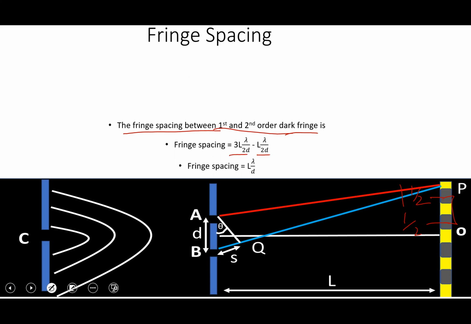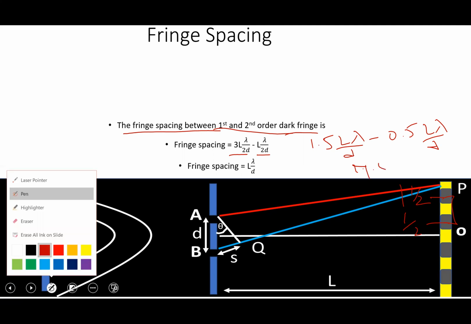That means 1.5 L lambda divided by D minus 0.5 L lambda divided by D. So if we subtract these two, taking common L lambda divided by D, we can write it clearly.